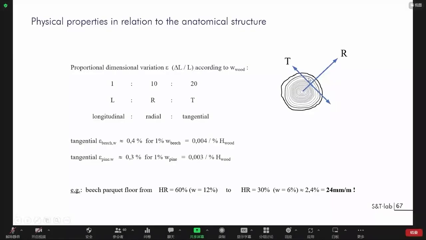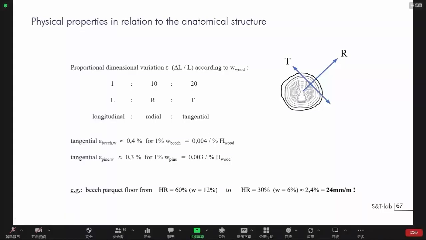I show this since it will define the way that a cut part will react. This kind of section will be impacted by radial, and if you have this kind of section in the other direction, it will be impacted by the tangential dimension. And you see that if you have 1 unit of deformation in the longitudinal direction, you have 10 in the radial direction and 20 in the tangential direction.